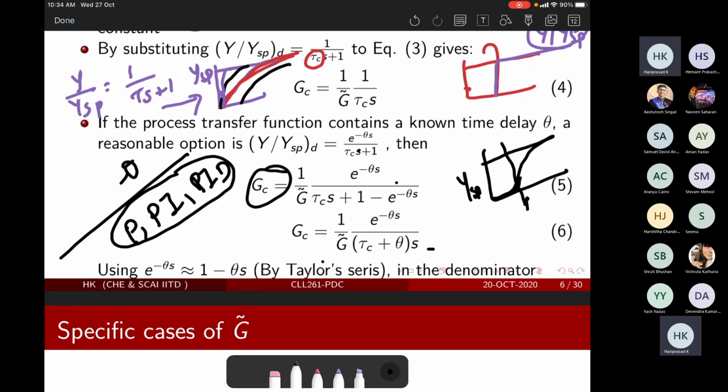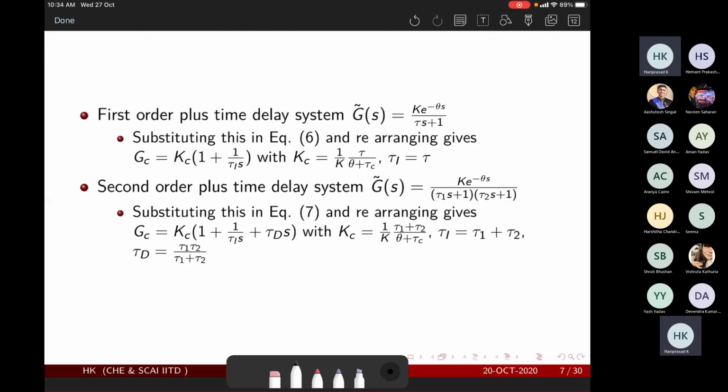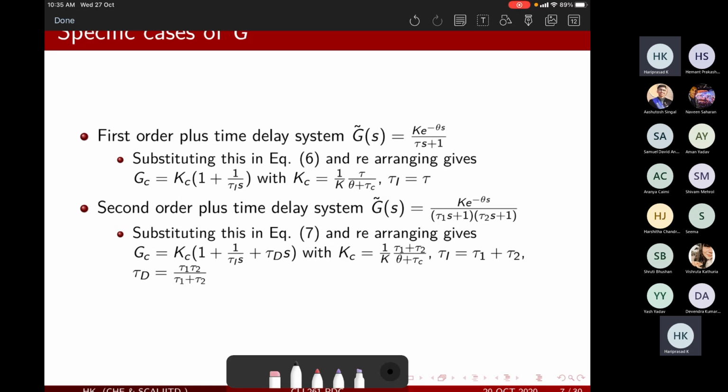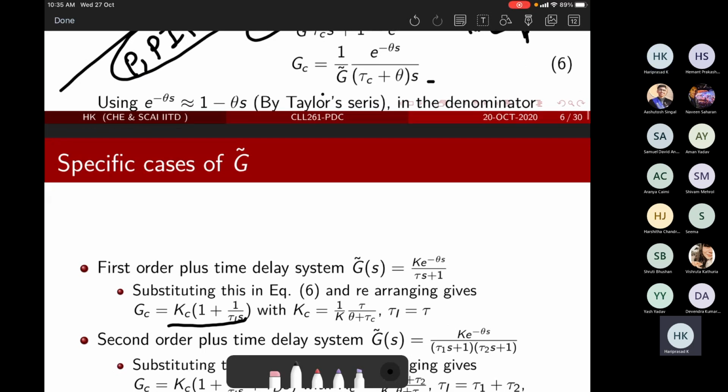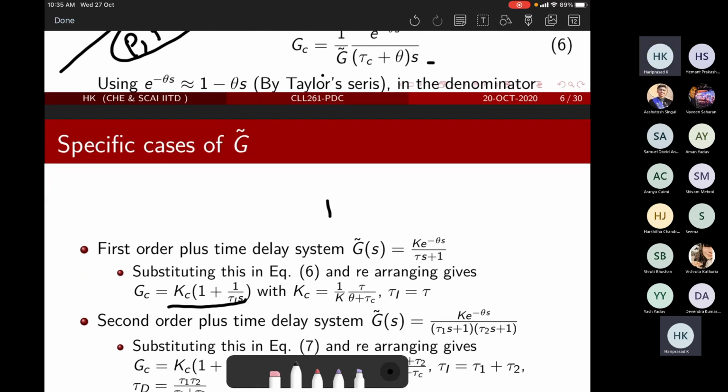This is a transfer function, but what you have in hand is a controller hardware board where you have to insert the values of Kc, tau I and tau D. So what will you do? You compare the standard form with this, and find what is Kc and what is tau I.